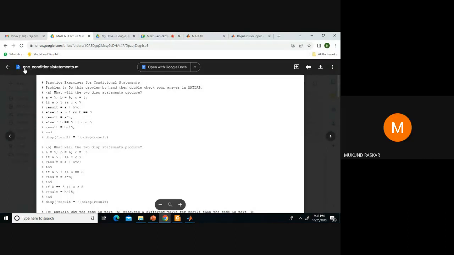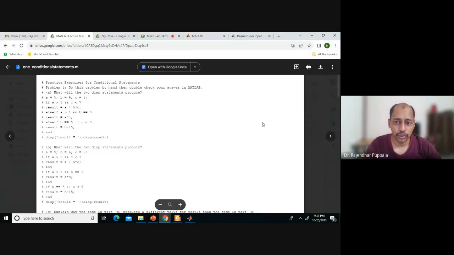The total program is one conditional statements M file. You can directly execute that.